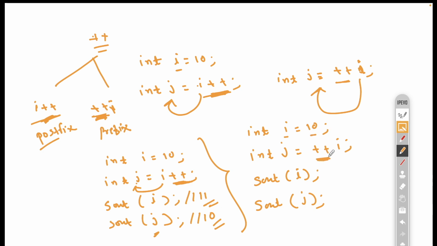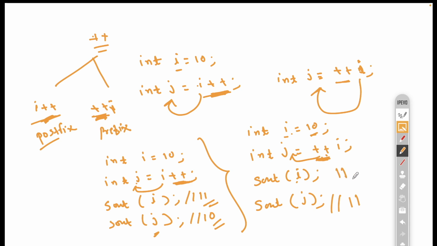This is a prefix operator, right? So in this case, first the value of i will get incremented. What is the value of i? 10. 10 will get incremented by 1, so it will become 11, and then that value will get assigned to j. That's the reason the output for j will be 11 and the output for i also will be 11.